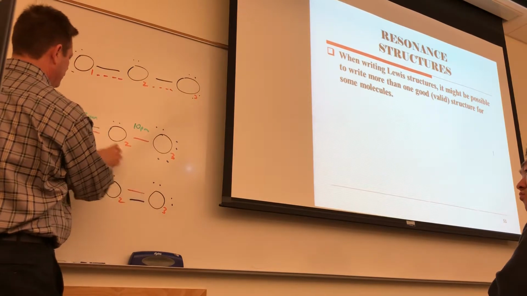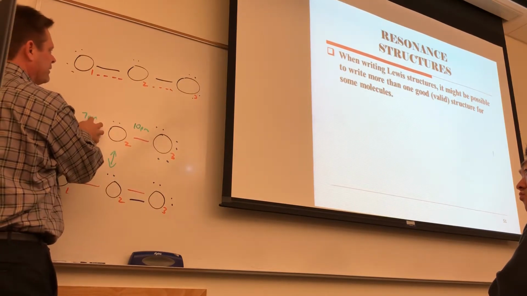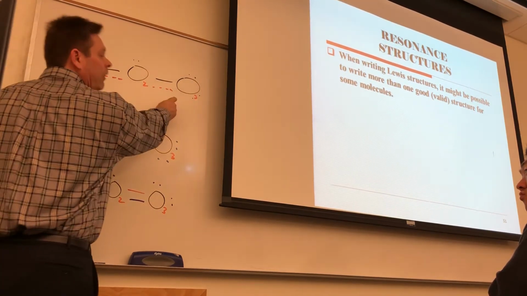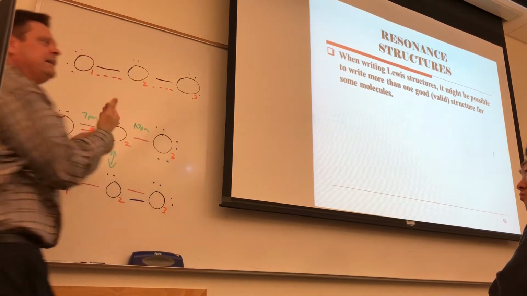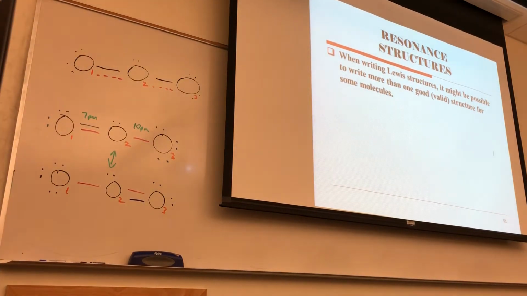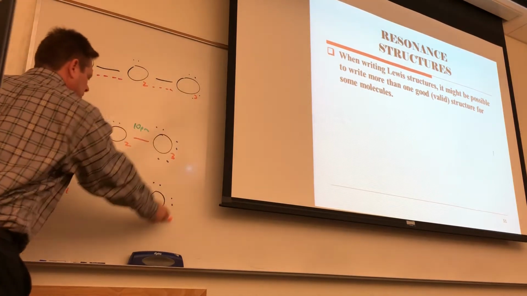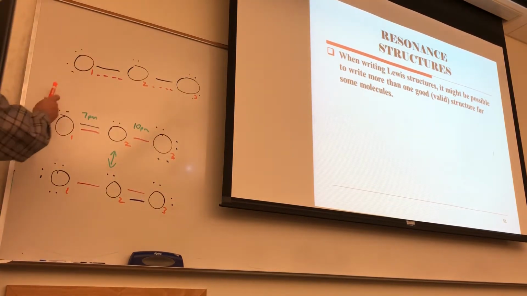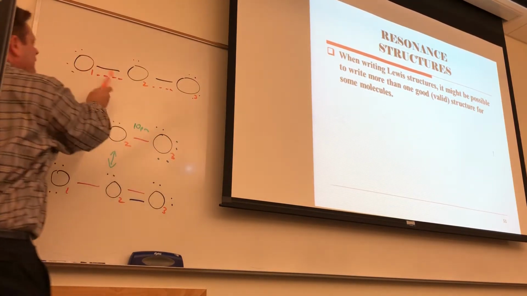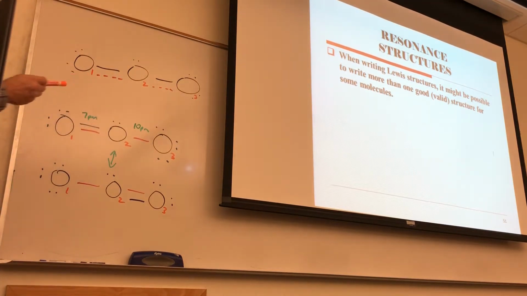If I spread it out between both of those bonds, I delocalize it, which creates a more stable overall molecule. So you get a hybrid. This is a fair representation, but this is equally fair and more representative of reality. You could show me either way on an exam.